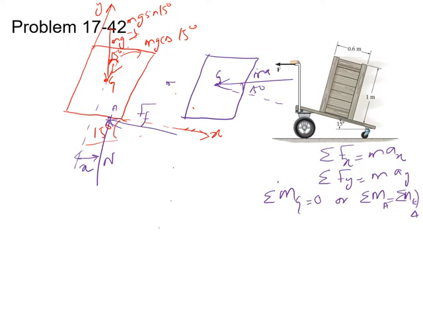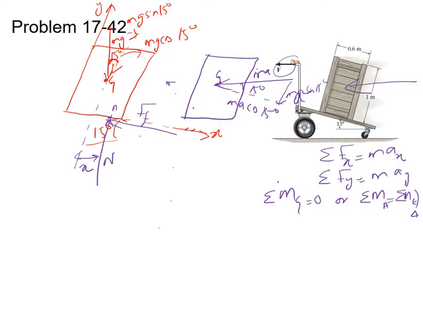As this acceleration acts horizontally, the acceleration of the crate is also in the horizontal direction. So we have to split this ma into two components. The first component will be ma sin 15 degrees, and this will be ma cos 15 degrees. This is the kinetic diagram.